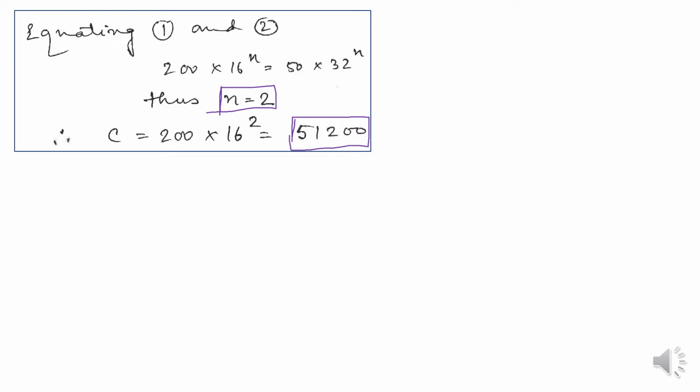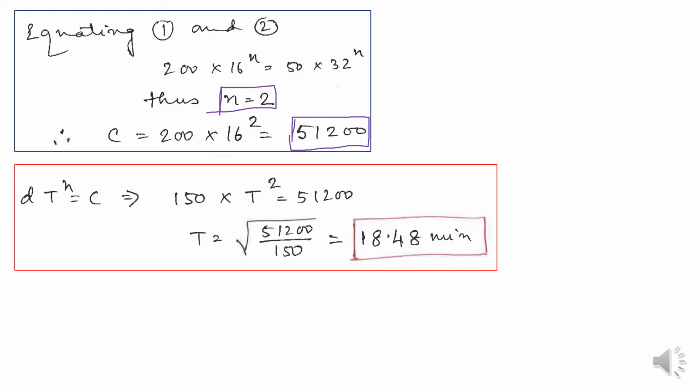Once you have got the values of n and C, you can very easily find out how much the tool life is for the asked problem. In the asked problem, the diameter is 150. If you recall, N remains 200 RPM.